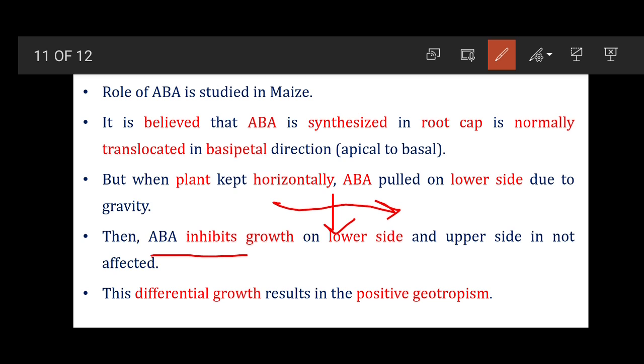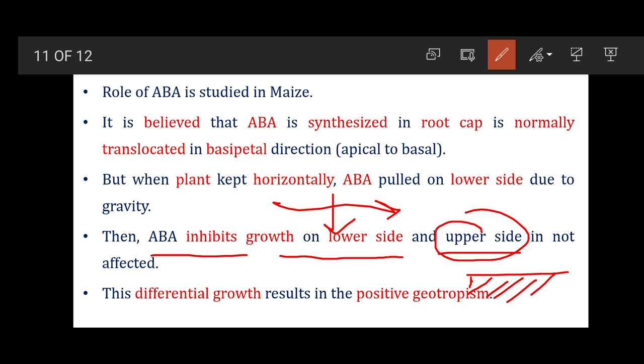Now this ABA inhibits the growth on the lower side, and as there is no ABA on the upper side, the growth will occur only on the upper side, because as we have seen in the previous image, the auxin was accumulated on the lower side and the upper region has shown cell elongation.